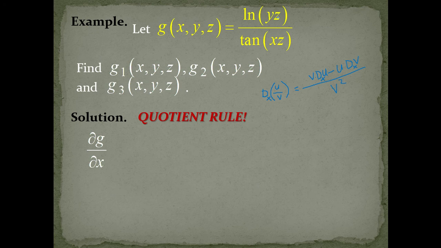Okay, so in our given function, the whole numerator is our u, and the denominator, the whole thing here, is our v. Following this formula, we have the partial derivative of z with respect to x equal to ln y.